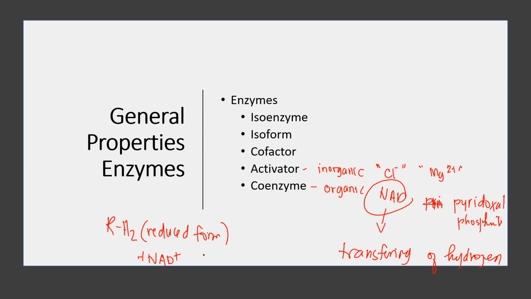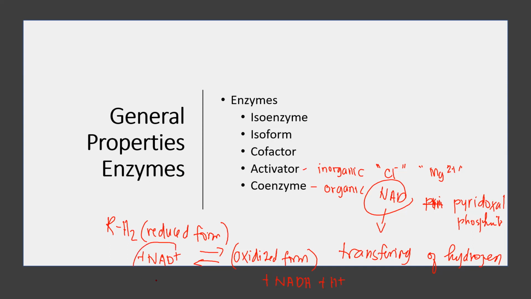Take note that this is a reversible reaction, depending on the circumstances.